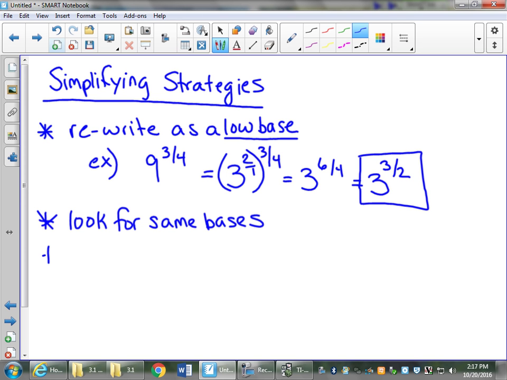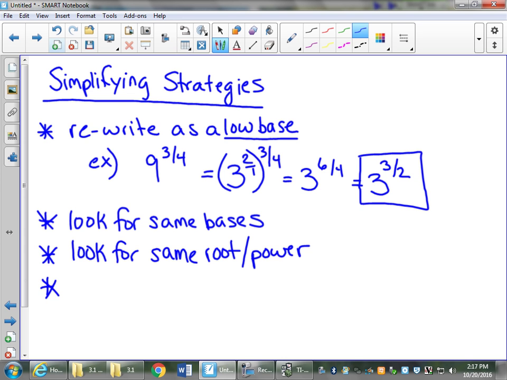Another strategy you can look for is look for the same root or power. Okay. When you have the same root or power, you can actually undistribute that power from everything, allowing you to do some additional math, and you'll see some examples of that tomorrow.